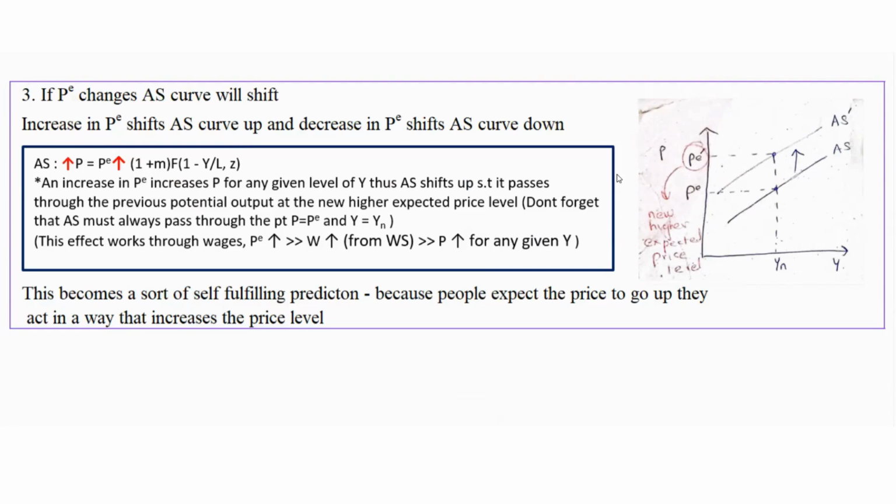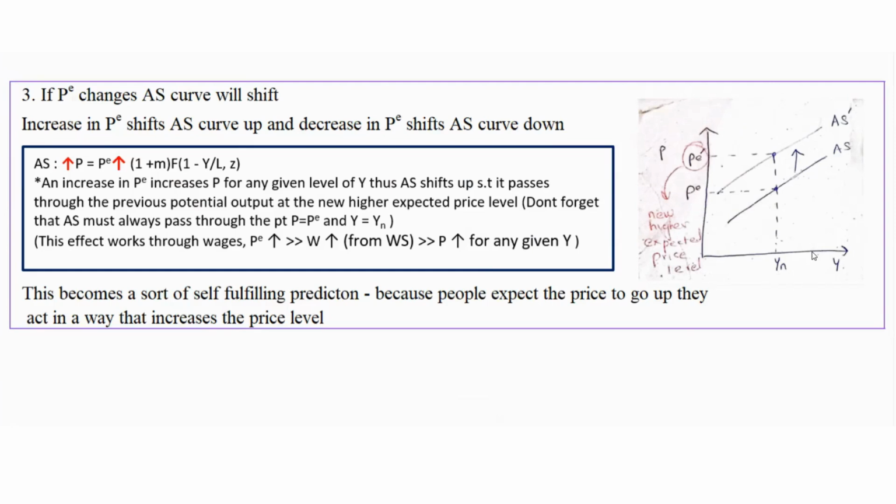So just remember, if PE increases, then the AS curve shifts up, because now prices increase for any given level of Y, thus shifting the AS curve upwards. And it will shift in such a way that it passes through the previous potential output at the new expected price level. So just keep in mind, whenever we're shifting the AS curve, the shift is happening because price is changing for any given level of Y. And when it shifts, it should shift in such a way that it always passes through the relevant expected price level and the relevant potential output.